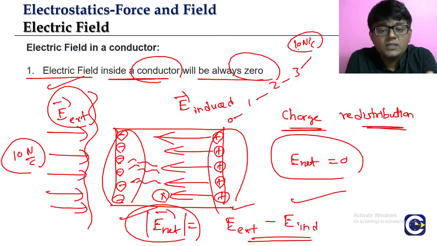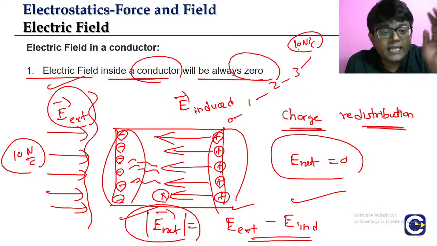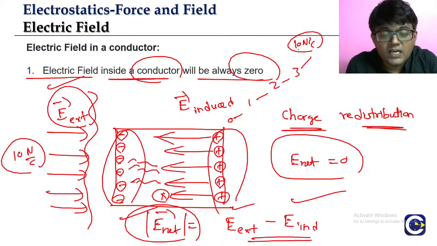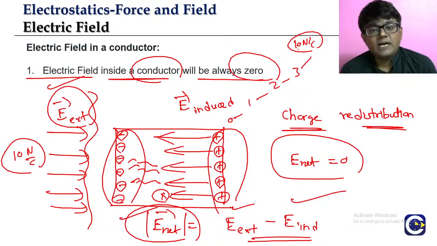Then what happens? Inside that conductor the net electric field will be zero, because the applied electric field and the induced one are cancelling each other. Because of that, inside the metal or conductor, the electric field will be zero.